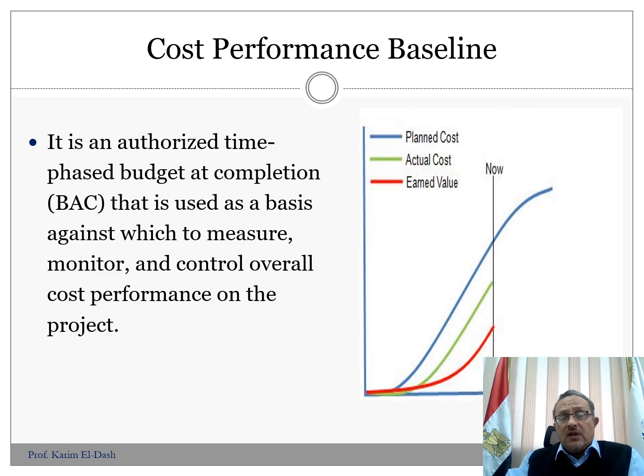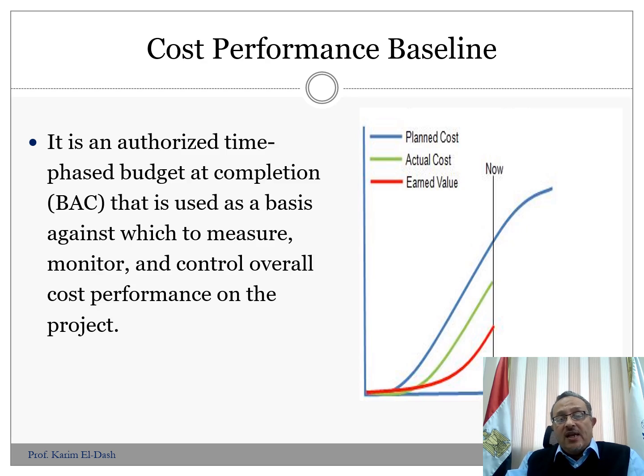One of the most important, if not the most important, performance measurements is the baseline that we have. This is the common baseline, which is usually called the S curve, that we have in blue.